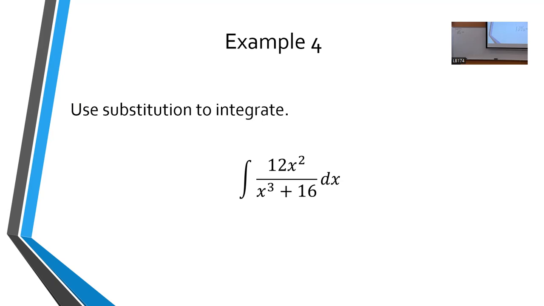Here we have a fraction with a polynomial on top and a polynomial on bottom. What's going to be my u? The bottom of the fraction. Exactly, the bottom of that fraction. The x to the third plus 16 is going to be my u.